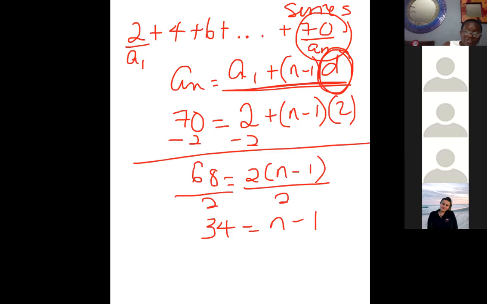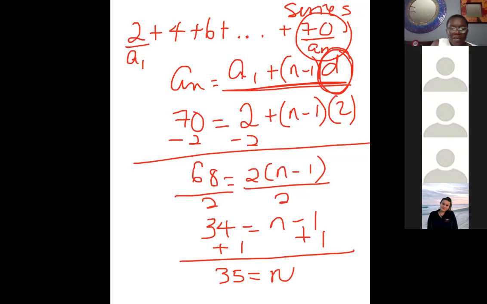So here's the part that you missed, Sarah. You have to add 1 to it. So that gives you 35. So basically, guys, 70 is the 35th term in the sequence. So we are finding the sum of the first 35 terms of the sequence.